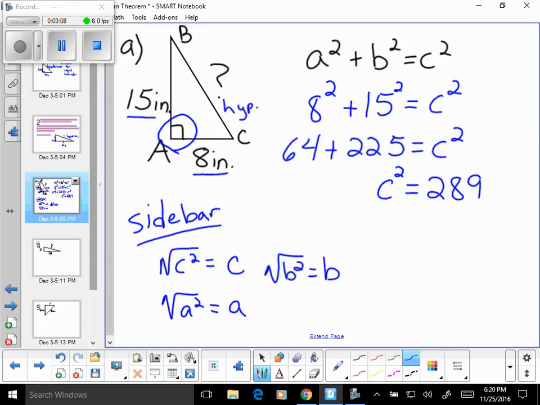Now, I don't want c squared, I want c. Therefore, I have to take the square root of 289. And I think to myself mentally, the square root of c squared is c. Then I show that I'm taking the square root of 289, which is 17. Then I look at my labels. I have inches.